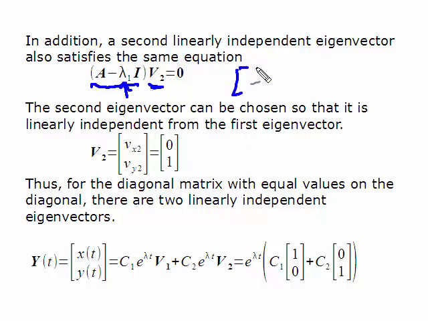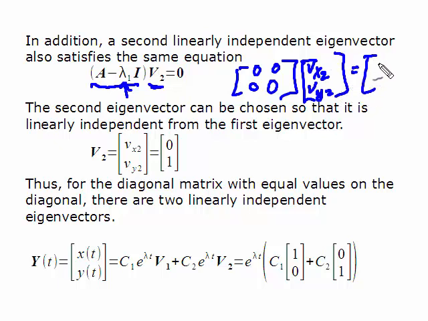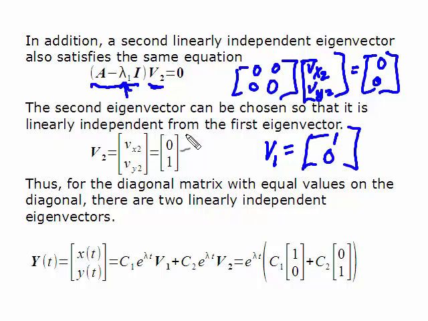A minus lambda 1 is like nothing, and we would have vx2, vy2, the components of v2, and that has to equal 0. Again, any eigenvector will do, so we will pick one that is linearly independent from the first eigenvector. For v1 we picked 1, 0. The obvious choice for v2 is 0, 1.